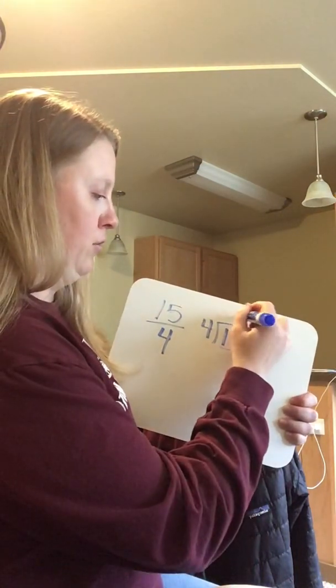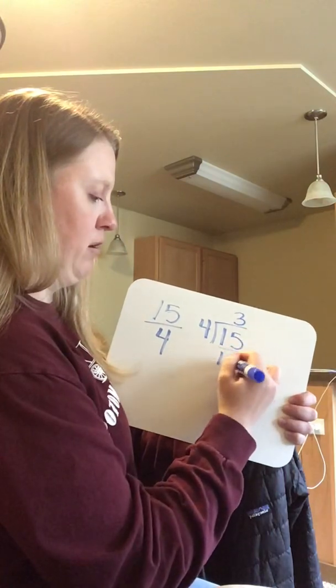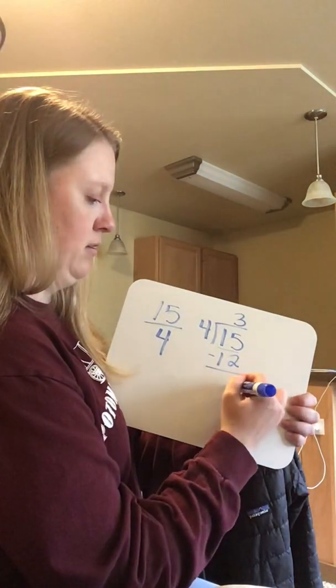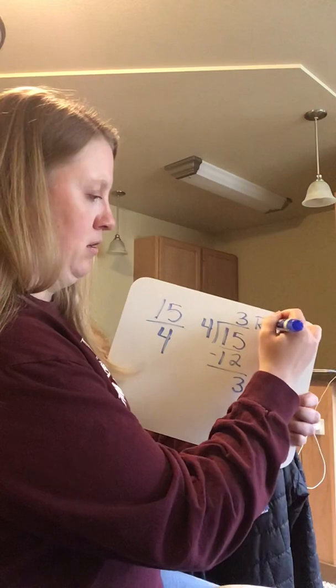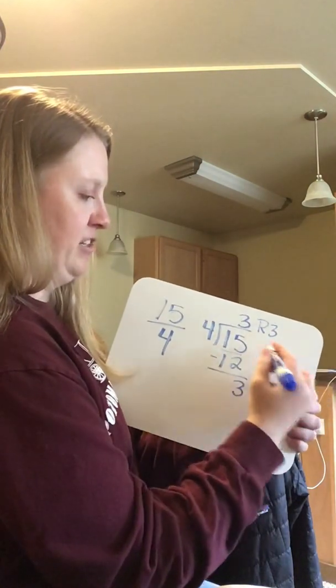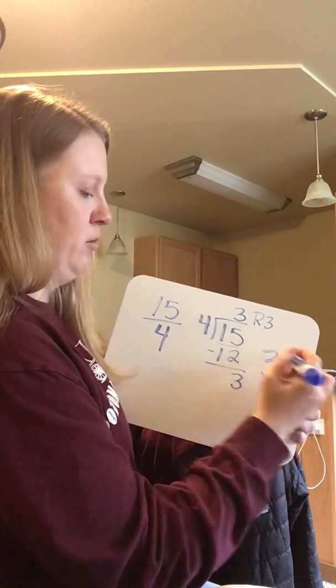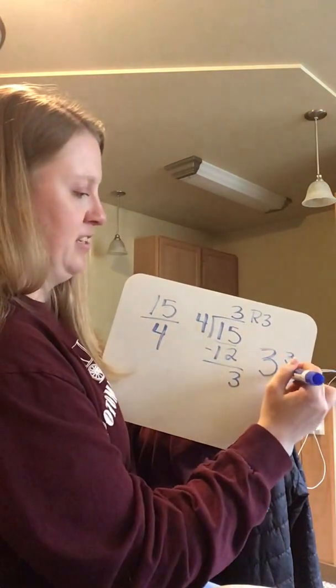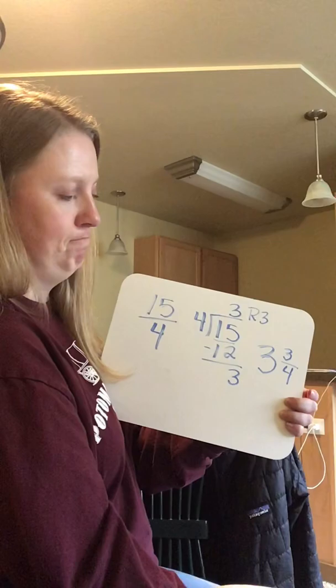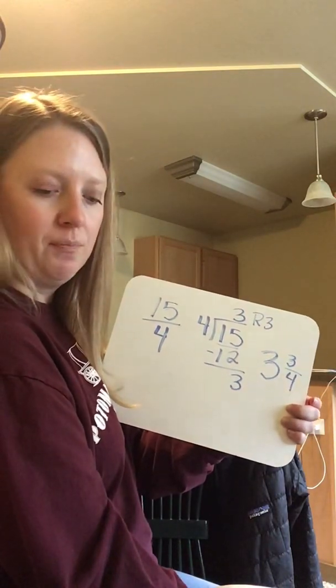It can go in 3 times, which makes 12. Subtract, 3. So turn that into your answer. So this becomes the whole number, remainder becomes the numerator, and then we use the same denominator from the problem. Okay, 3 3/4.